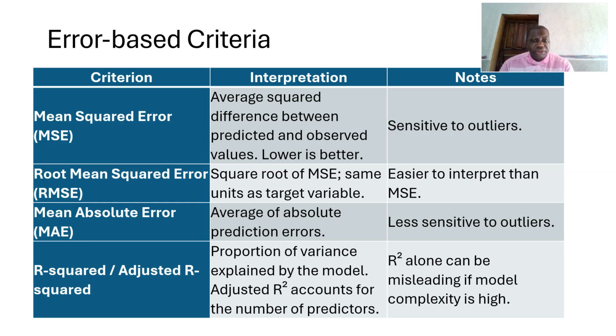The adjusted R squared accounts for increasing the number of our explanatory variables. R squared alone can be misleading. That is why sometimes we have to rely on further error-based or information-based selection criteria.